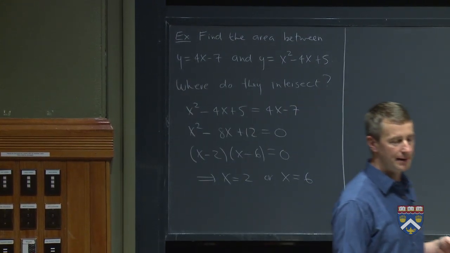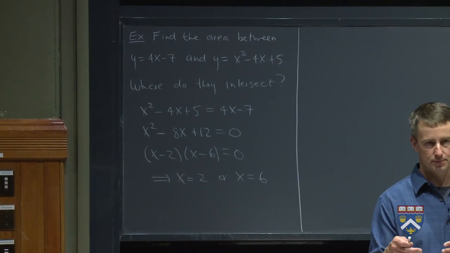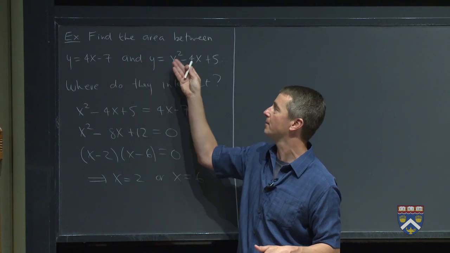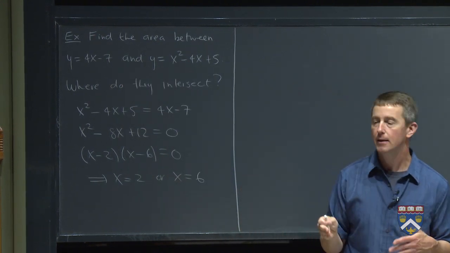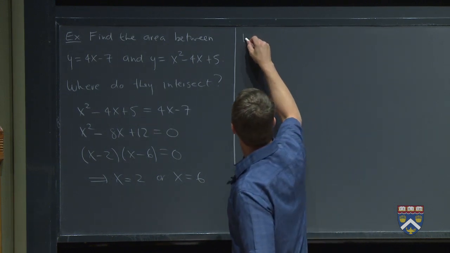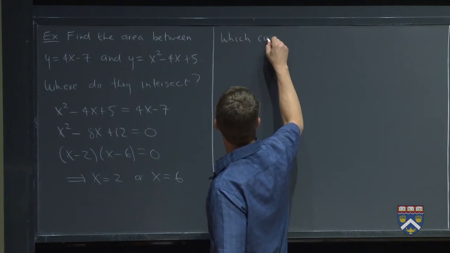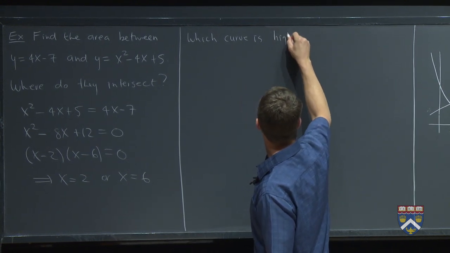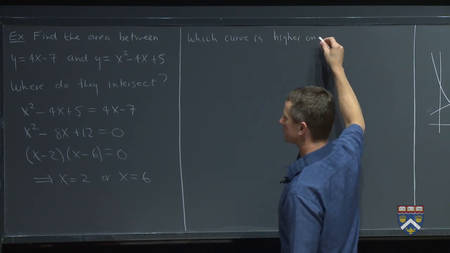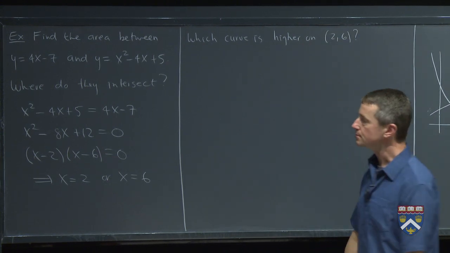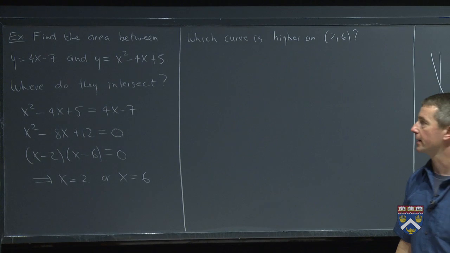What we don't know yet is which curve is higher up. You might be able to reason it out based on just generally what a line and a parabola opening upward would look like. But in general, how do we find out which curve is higher? And in particular, we care about which is higher on the interval 2 to 6. We can just pick a number between 2 and 6 and plug it in.